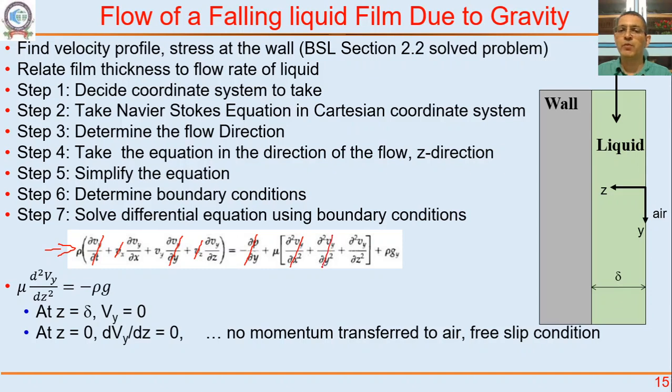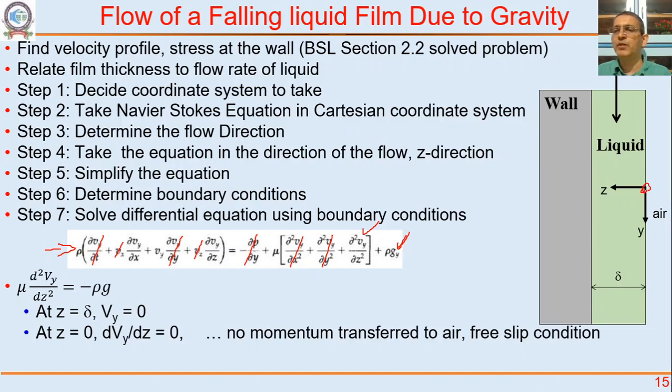Vy does not vary with y. Vy varies with z. And gy is 9.81. So if you simplify, you will get mu d square Vy by dz square is equal to minus rho g.